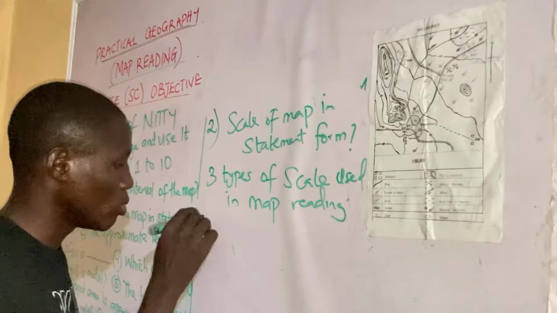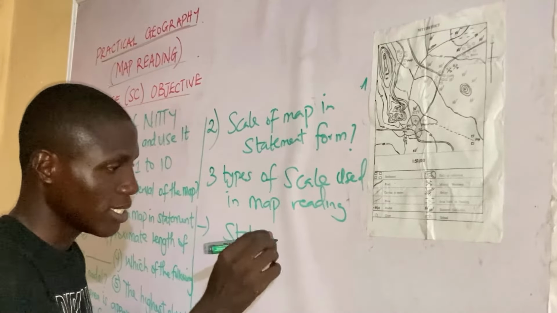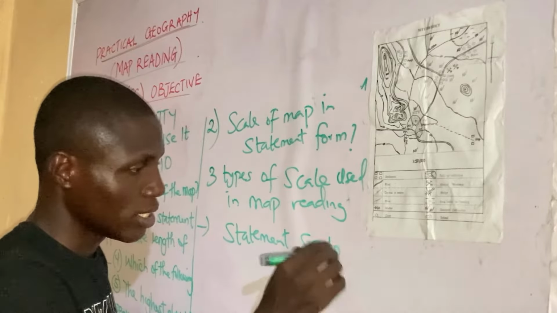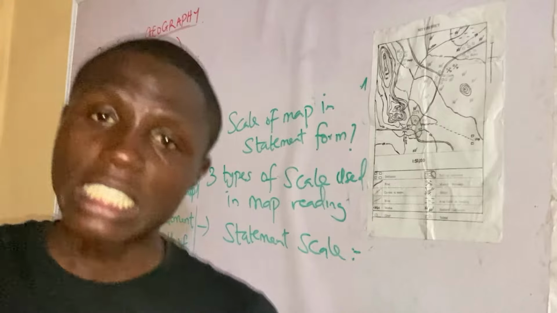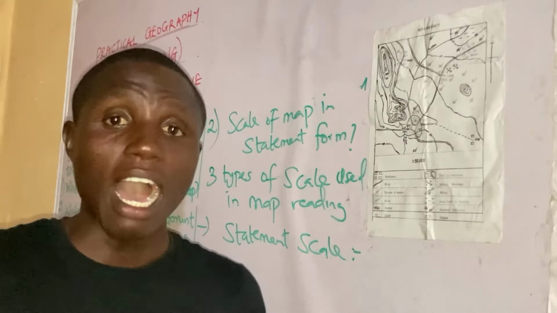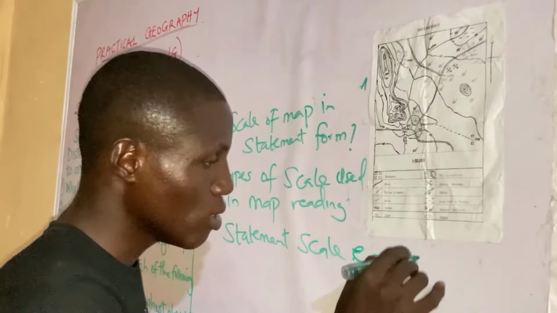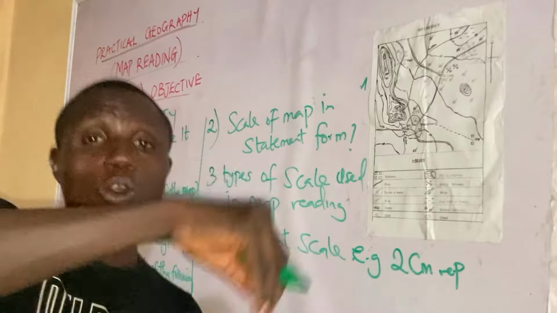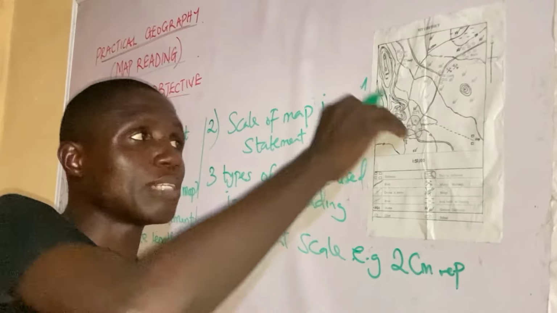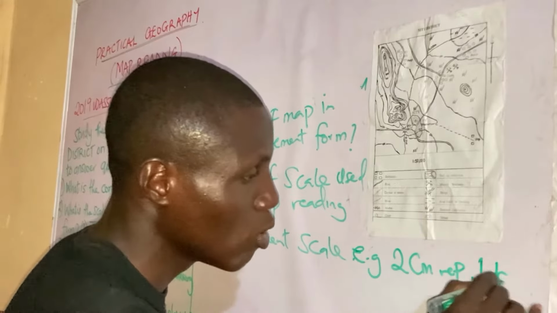Number 1 is the statement scale. The statement scale is a scale which is given in the form of statements and figures. For instance, 2 centimeters on the map represents 1 kilometer. Every 2 centimeters that you measure on the map represents 1 kilometer.